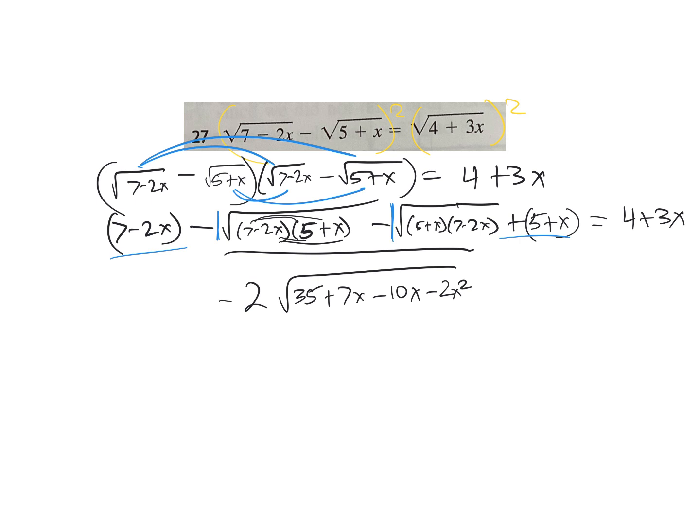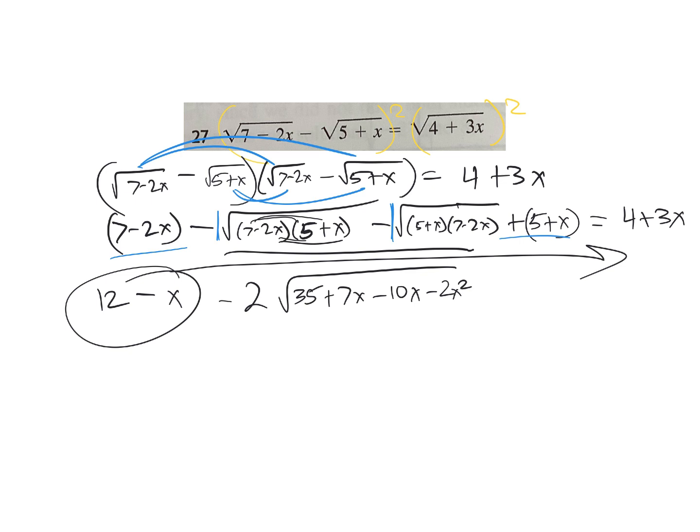And now the other things we have, 7 plus 5 is 12. And minus 2x plus x is minus x. All right, now I'm going to move all of this over there. So on the left here, I have negative 2 and the radical. Let's put it in order.